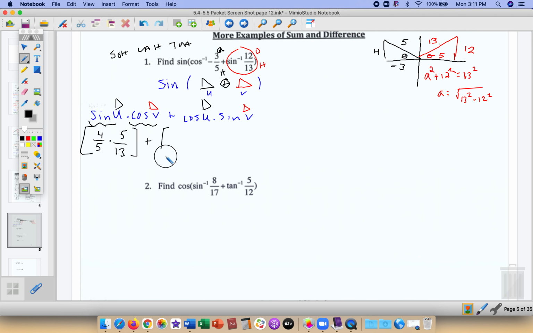Plus, the cosine of the dark triangle, so we come to the dark triangle, adjacent over hypotenuse, -3/5. Times the sine of the red triangle, opposite over hypotenuse, 12/13.